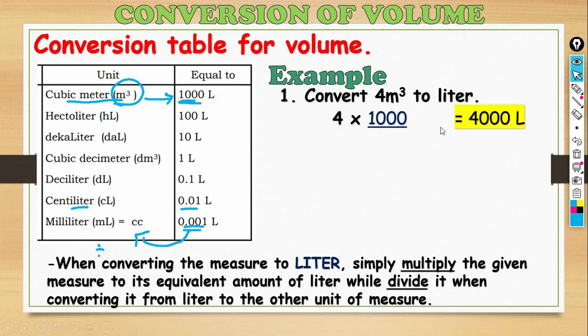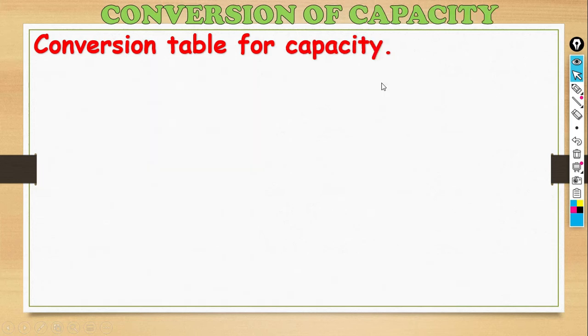So, makikita nyo, ang value niya na equivalent sa liter ay 0.01. So, i-divide natin kasi na-vice versa na natin siya from liter to centiliter naman. So, we have 12 divided by 0.01, which is equal to 1,200 centiliters.